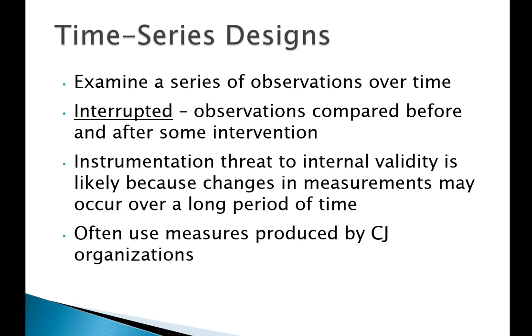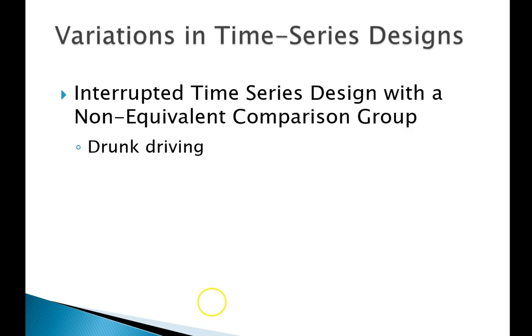So perhaps the example we had before about drug court, maybe you are observing your juveniles, the ones that go to drug court and the ones that don't, and you're going to observe what happens after they are sentenced and followed. There are a few variations in those types of time series designs where you're looking at it over time. The interrupted time series design, where your comparison group is not equivalent.